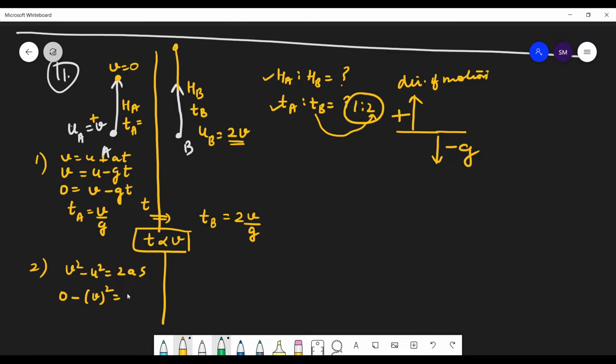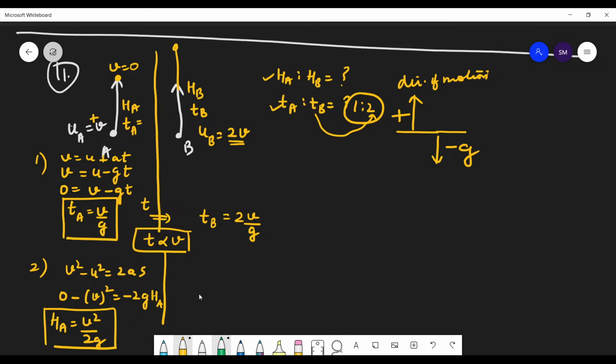So that is your H. So minus 2G H A. Okay. So minus minus cancelled, and HA is equal to V square by 2G. Okay. So that's the general formula to reach the maximum height, U square by 2G.